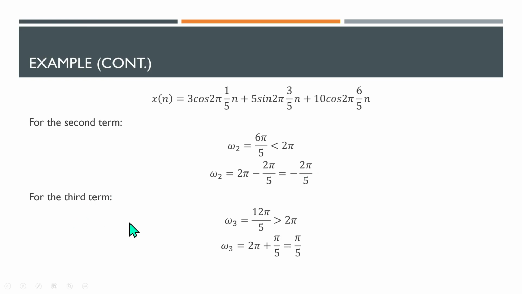For the third term, we have omega sub 3 equals 12 pi over 5. That is greater than 2 pi. Therefore, we're going to express it like so. We have omega sub 3 equals 2 pi plus pi over 5. That is equal to pi over 5.